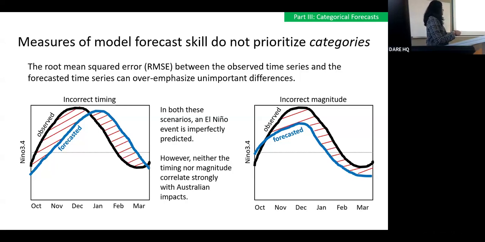So both these graphs are showing things that are essentially correct predictions that yes, there will be an El Nino, but you get a measure of error that doesn't tell you that you're getting a good result. So what we are going to do is just to look at the category itself and take a probabilistic approach to this. Is this category probable or not?